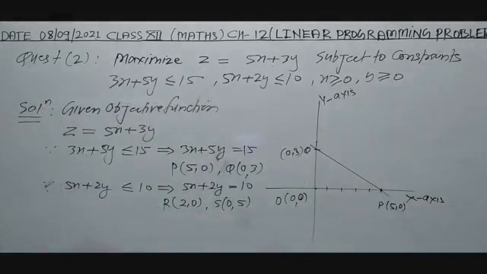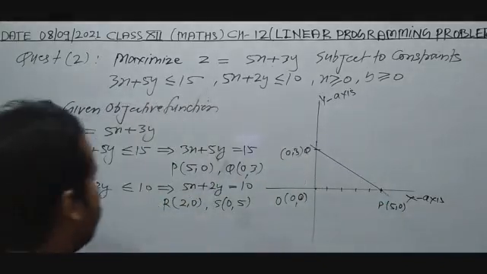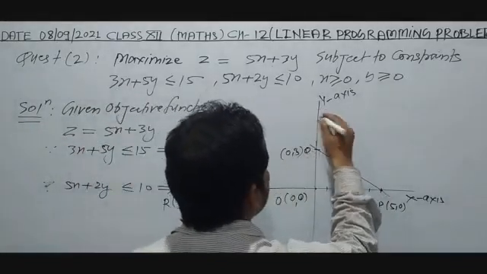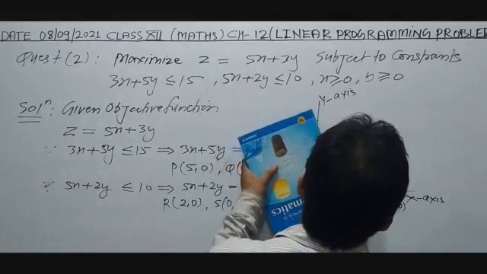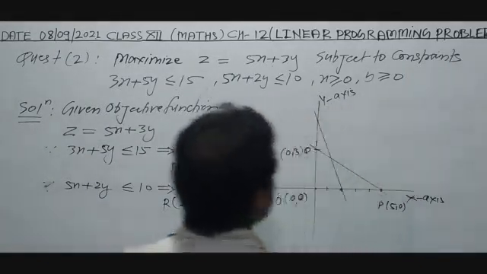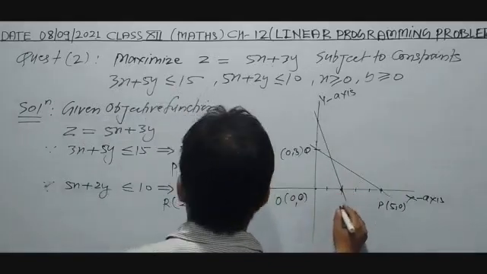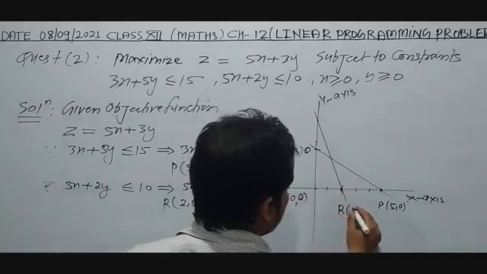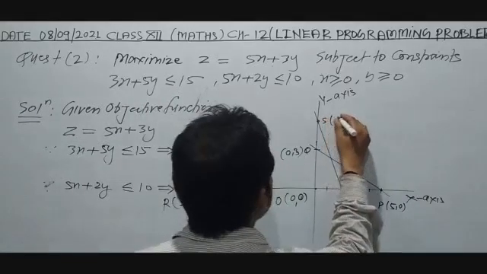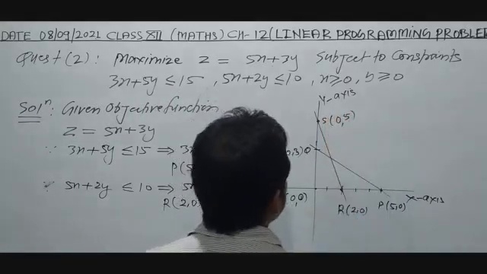Now we have to draw (2, 0) and (0, 5). So (2, 0) is here and (0, 5) is further up. This is the point R (2, 0), and this is point S (0, 5).